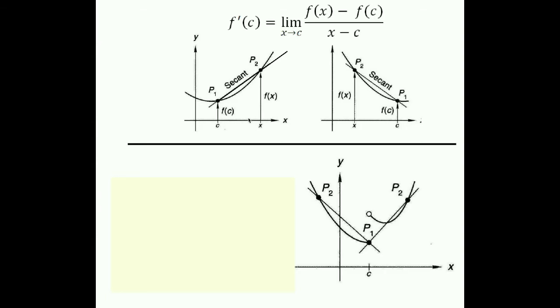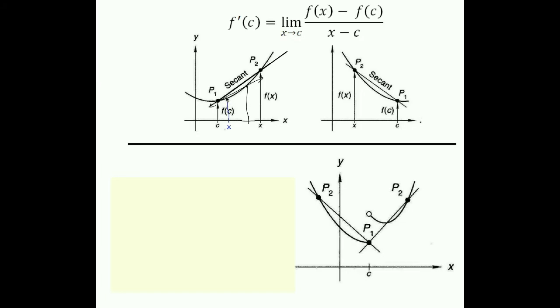So as x moves closer and closer to c, if we had x here, this would be f of x. We would have a line through there, which looks closer to the tangent line. And then we could move x even closer. Maybe have x here.